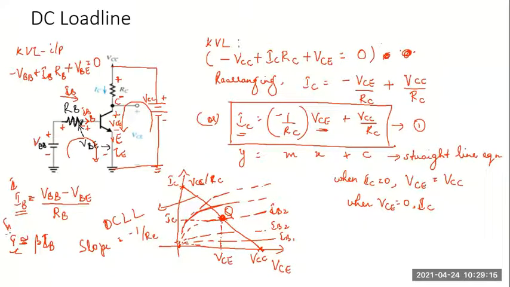Then the collector current gets fixed automatically. And the third thing is to fix the collector emitter voltage. By using the output loop equation, the collector emitter voltage will be VCC minus IC RC. So this is how we work with biasing circuits and fixing the operating point.